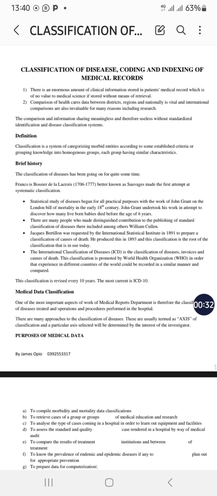The coding, what it means by coding in the classification of diseases, and also indexing of the medical records, and the importance of carrying out disease classification and some of the categories of the classification of diseases that are available.